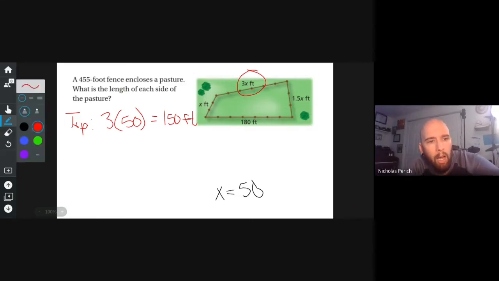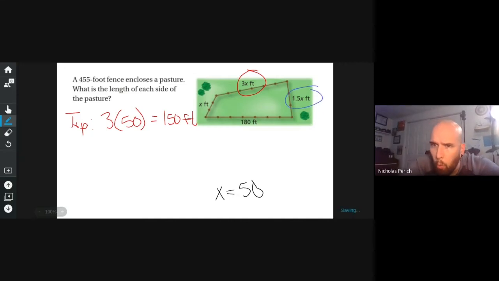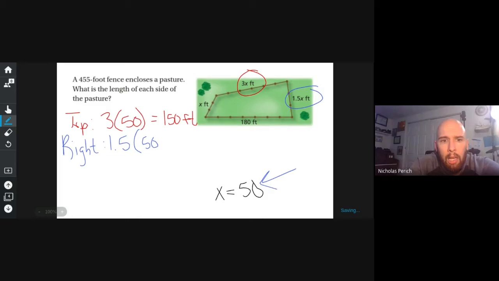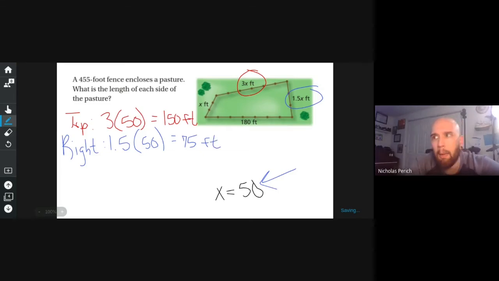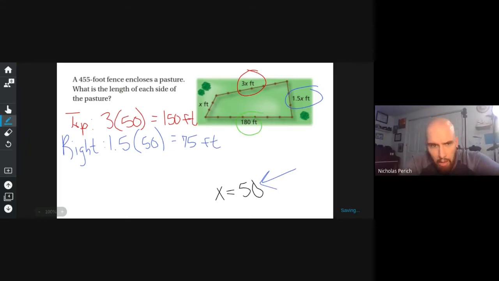The right side is 1.5x. X is 50. So 1.5 times 50, and that gives me 75 feet. The bottom is done.